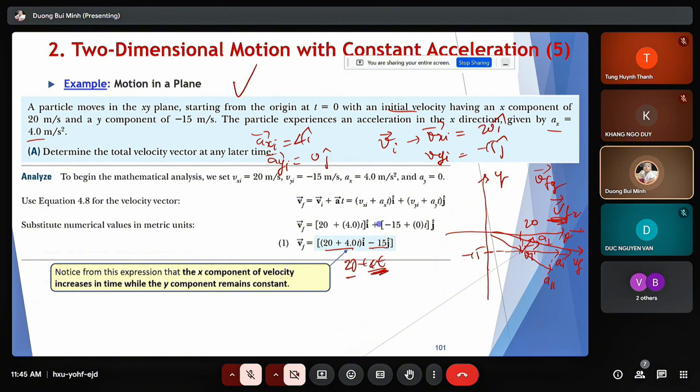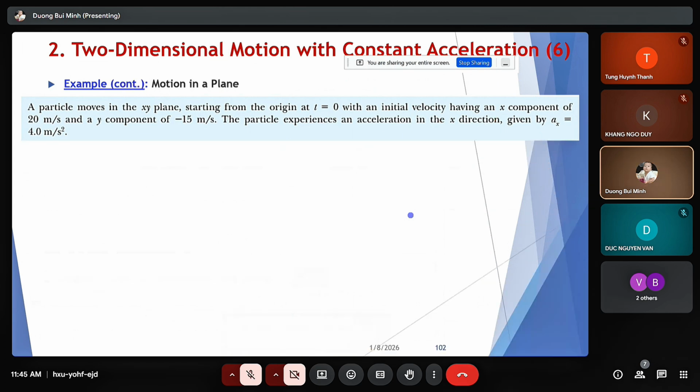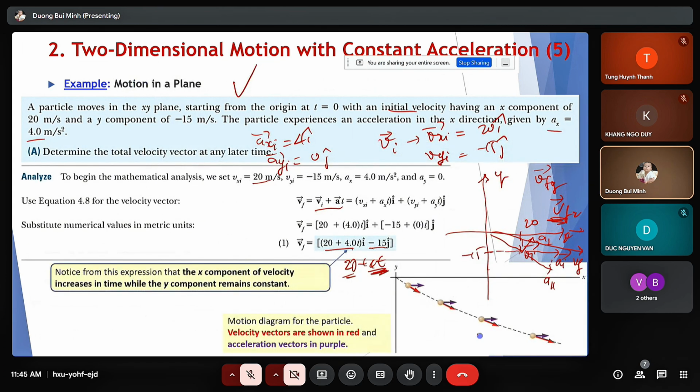When we apply this formula, you can get Vxi plus Ax t. Vxi is 20, Ax is 40, so you get 20 plus 40t. Anyway, you can get this one, right? So for velocity vectors in red color, if we observe the direction, here is Vi, here is Vf.